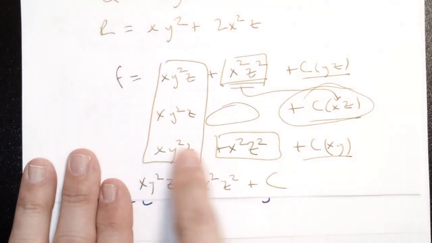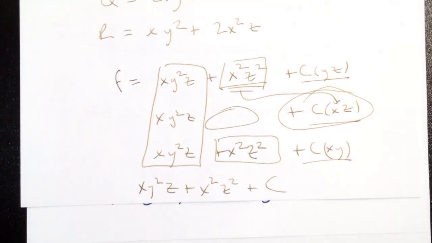But where are the other things? The other terms all have to appear somewhere. This plus C is always here. But where are these things? It's not in the middle row. Oh, yeah, it's here. Every term has to appear in every one of my antiderivatives.